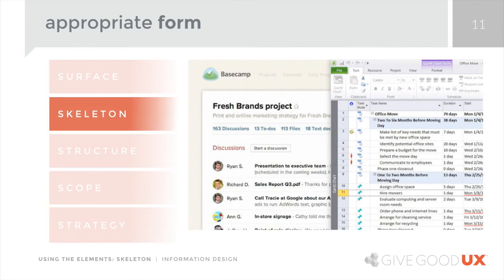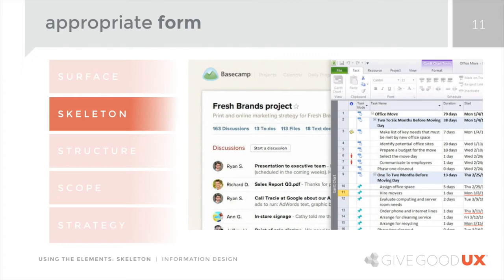On the left, you see something called Basecamp, okay, which is made by a company called 37 Signals. On the right, you see Microsoft Project, which is made by Microsoft. Now, just at a glance, you can get a sense of the complexity of each one, and you probably also get an idea of how hard each one might be to use, or to learn how to use for that matter.